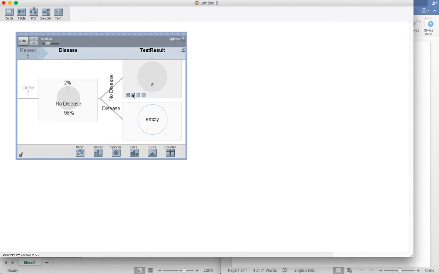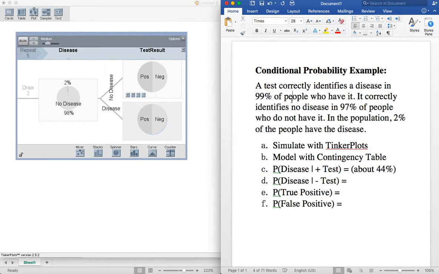And so now each one of these is either going to have a positive or a negative test. So let's fill those in. Positive result, negative result. Okay, and we follow the lines here. If I had no disease, the test correctly identifies no disease in 97% of people who don't have it.